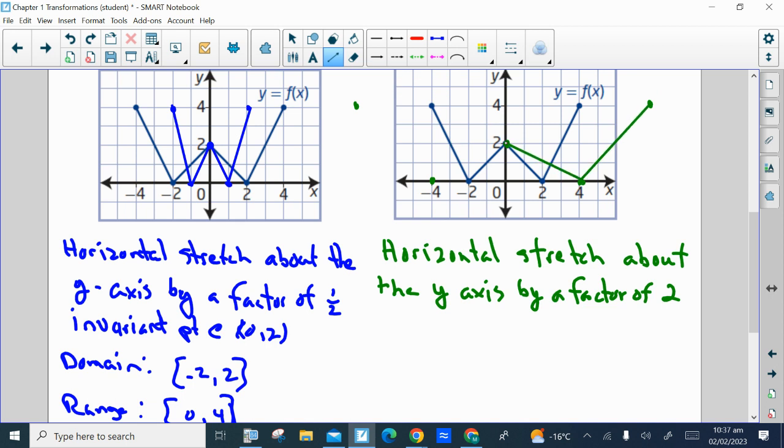All right, so these graphs have a definite starting point and ending point. We don't have arrows on the end. And there's our new graph.